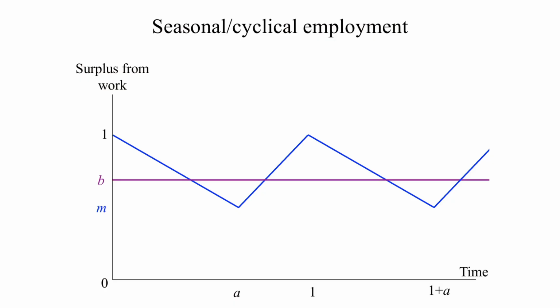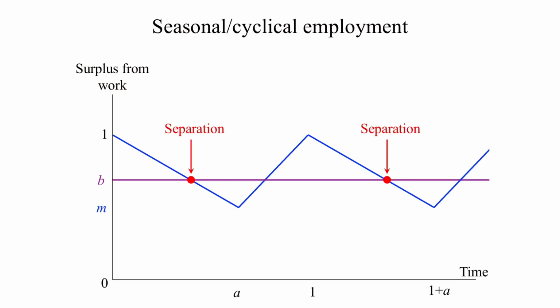So for somebody, or perhaps together with their employer, deciding when there should be work and when to be out of work, there are periods of time where the benefit from being out of work exceeds the surplus from work, and vice versa. And I wanted to label the crossing points.